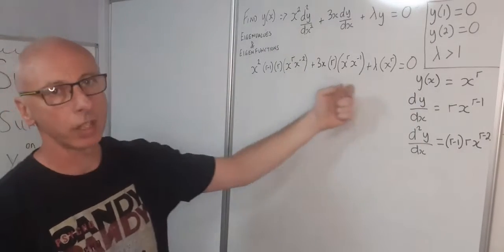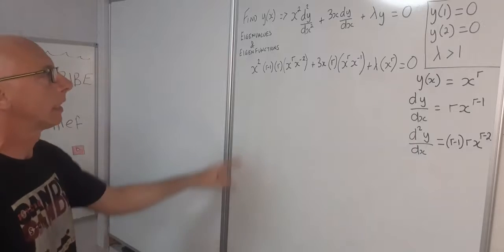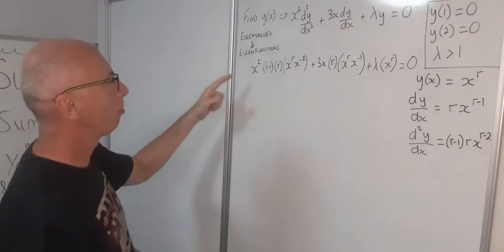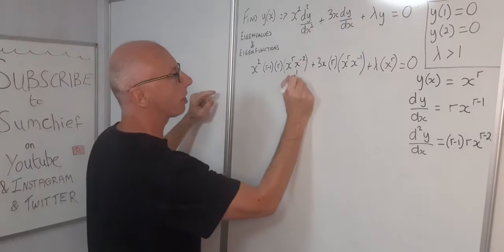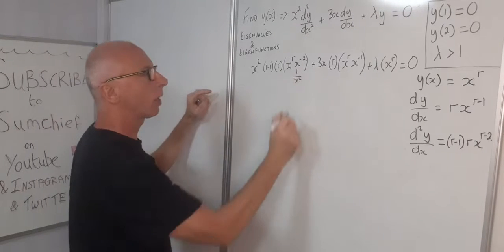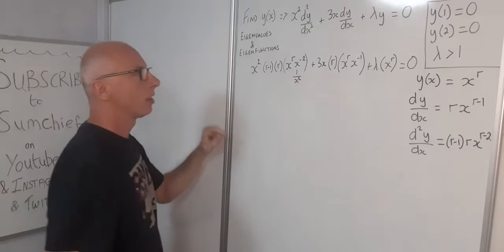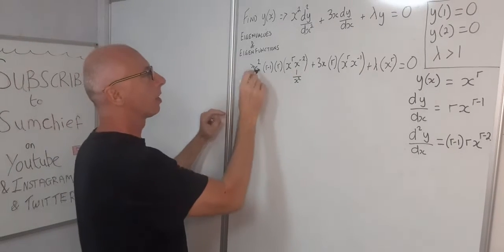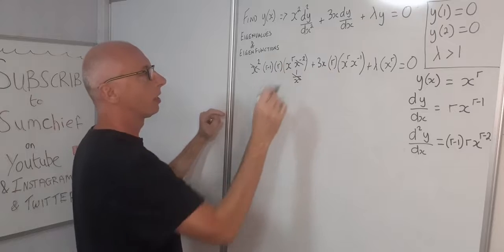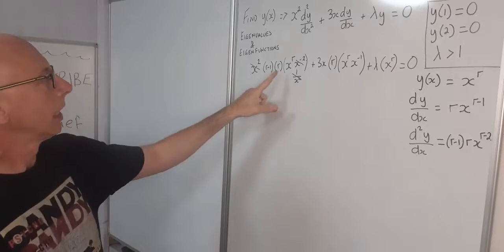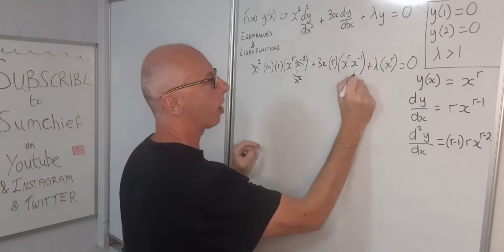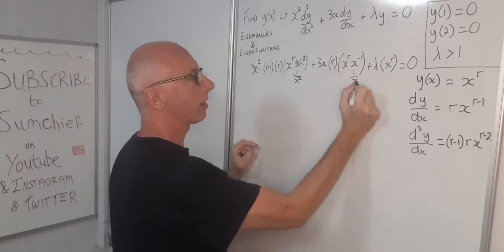Okay, so now we've gone from this to this, which is looking even more messy. So we've got some tidying up to do, if possible. Now x squared, x to the minus 2. Basically what this x to the minus 2 is just 1 over x squared. So these two are going to cancel out. So that gives us a bit of a tidy up there. And then here we've got something similar going on. x to the minus 1 is just 1 over x.